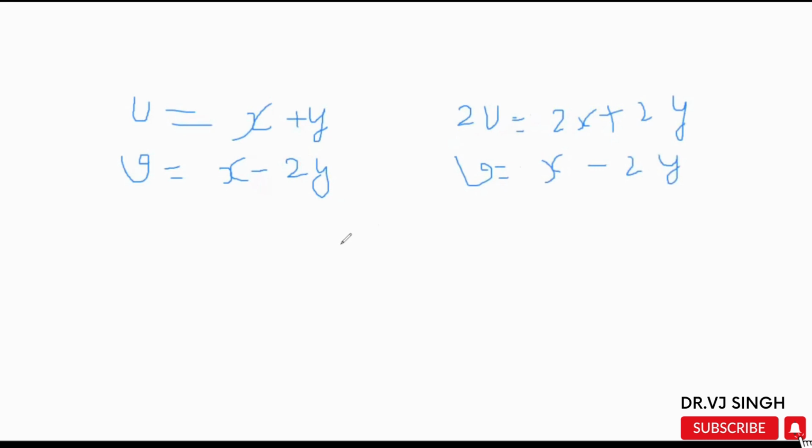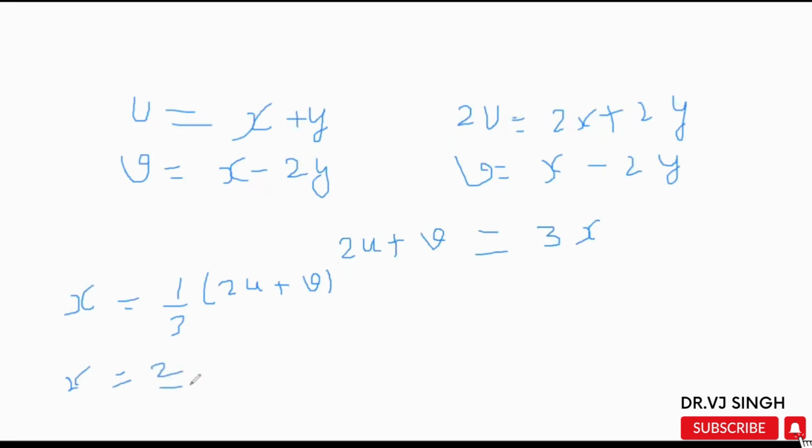When we add, we get 2u plus v equal to 3x, as the 2y cancels. So from here we find the value of x, that is 1/3 of (2u plus v). If you have a problem with writing this, you can also write x as 2/3 u plus 1/3 v. So this is the value of your x.